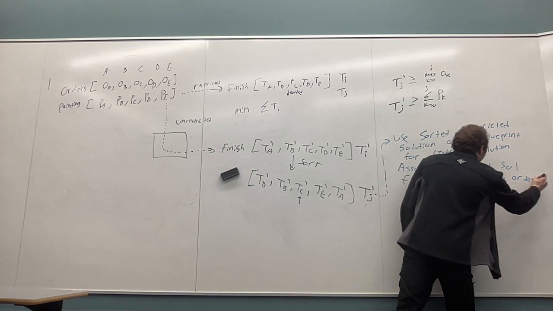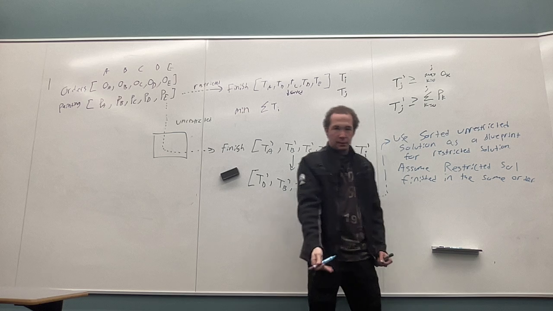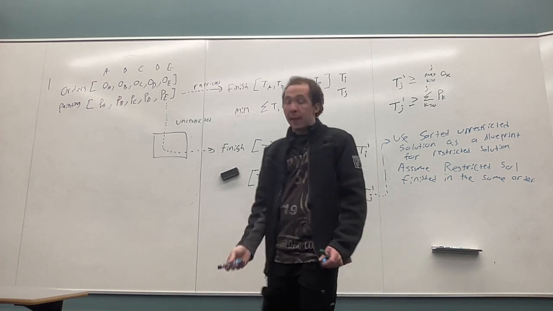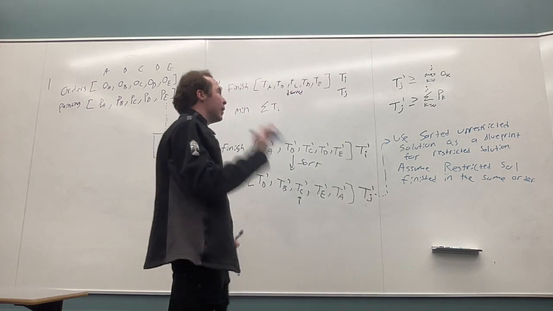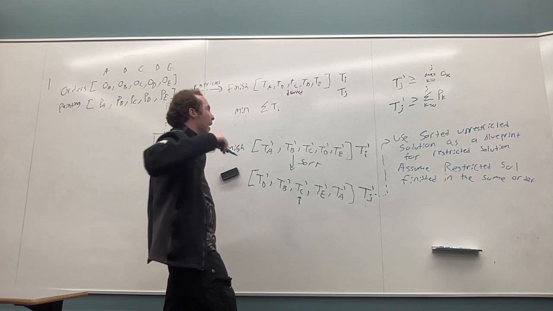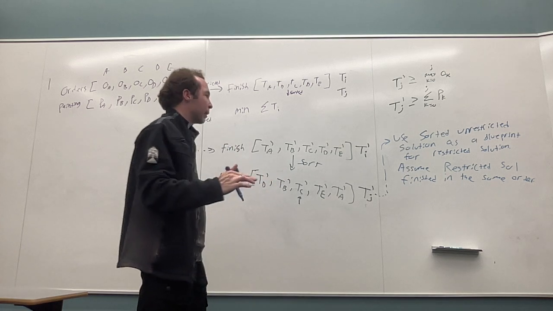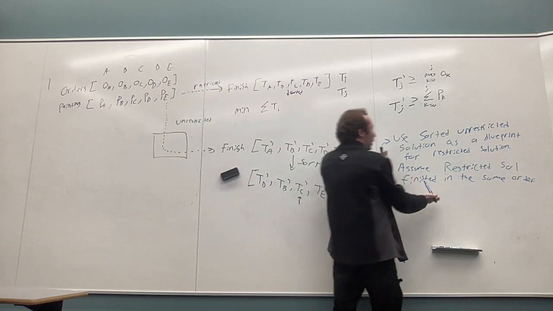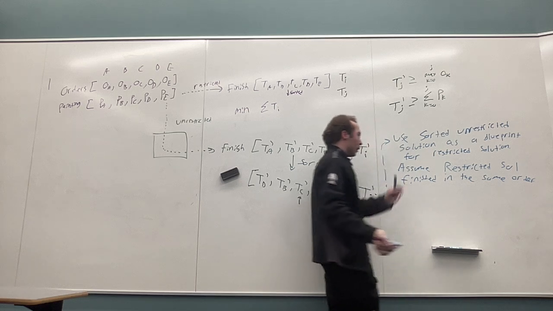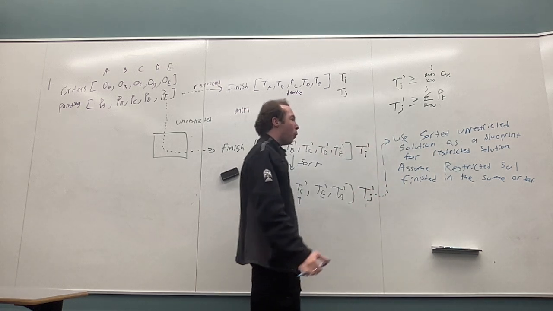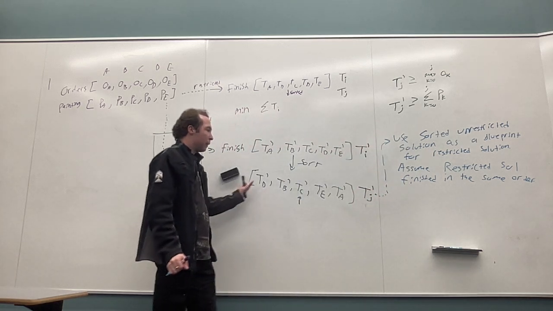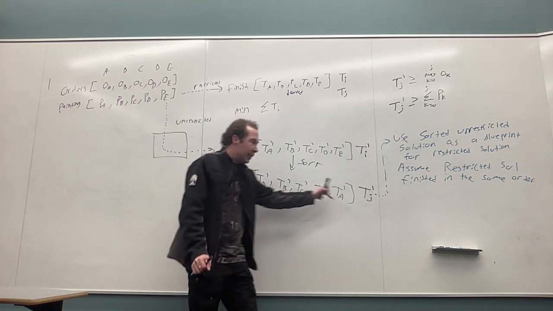Why do we do this? Well, this is going to get us a solution to the restricted problem. It might not be the best solution, but we know that the optimal solution to the restricted problem has to be less than whatever we get out of this. We're limiting ourselves to only situations in which we finished in the same order, D, B, C, E, A.